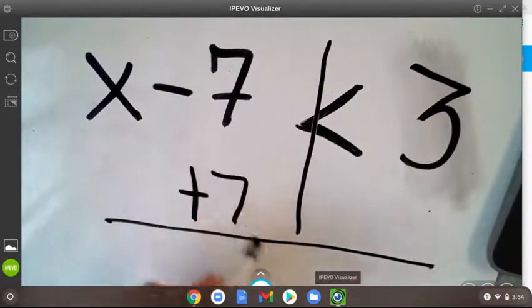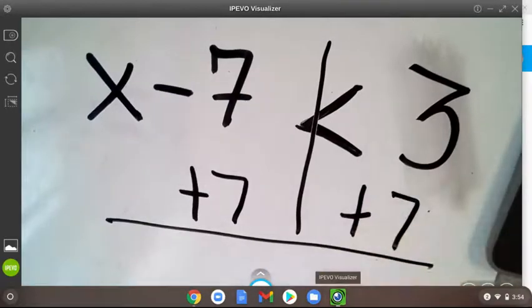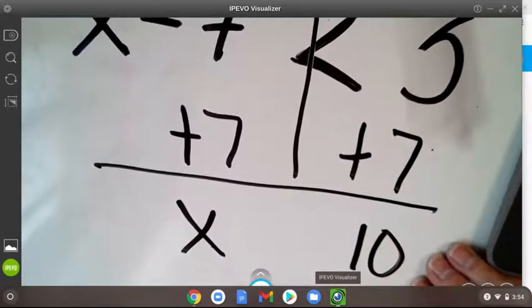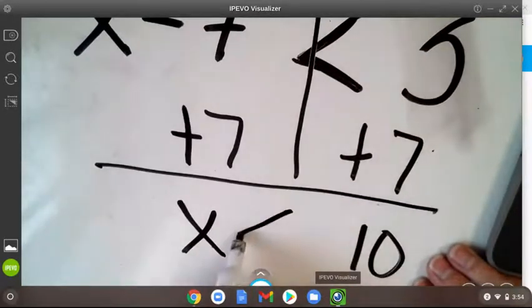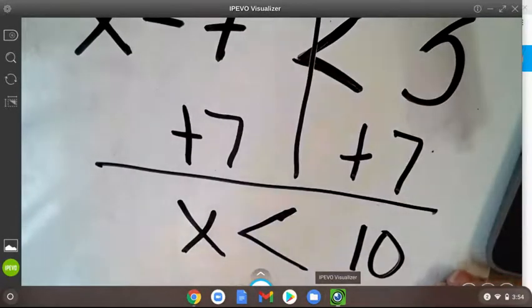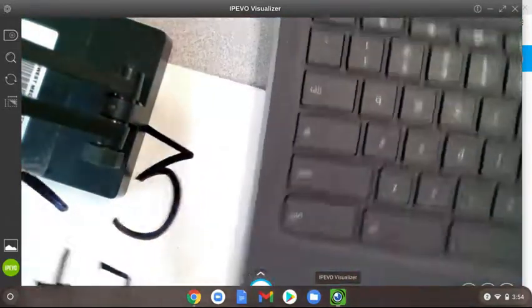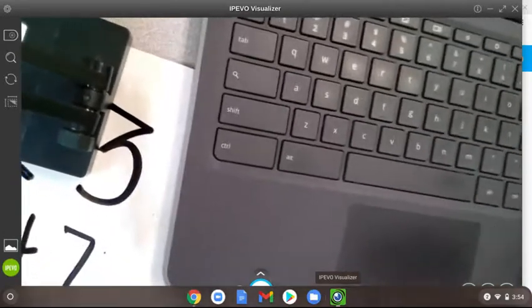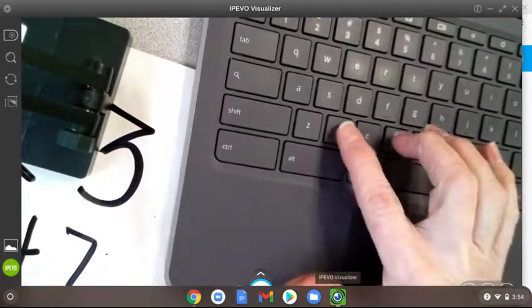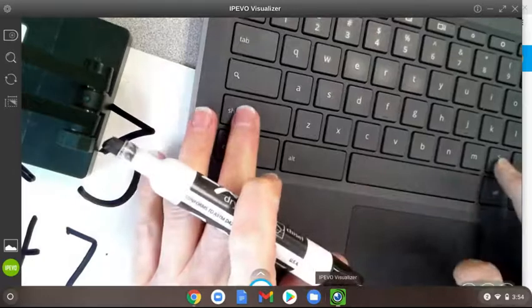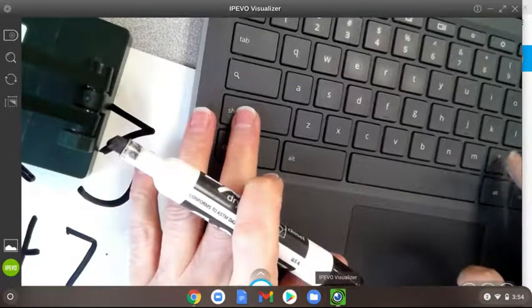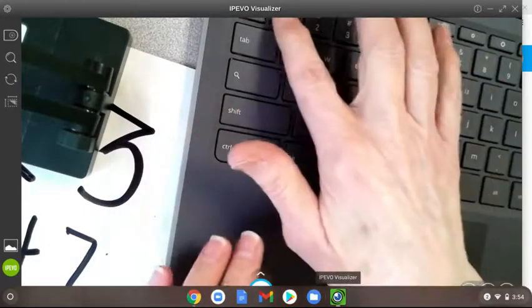I'm going to add 7 to this side and add 7 to that side. What I'm left with over here is x, and over here is 10. But instead of writing equals, a less than sign goes in there. So I'm going to go back to my keyboard and type in the x, shift and the less than key, and then the number 10.